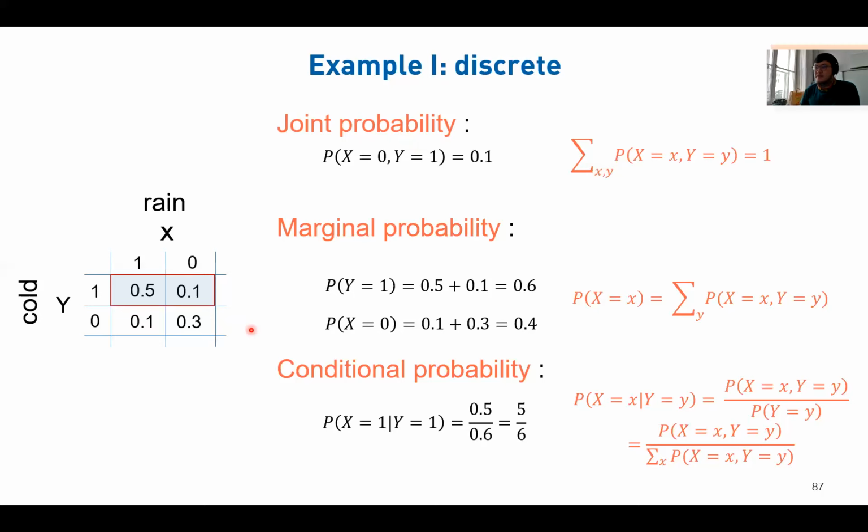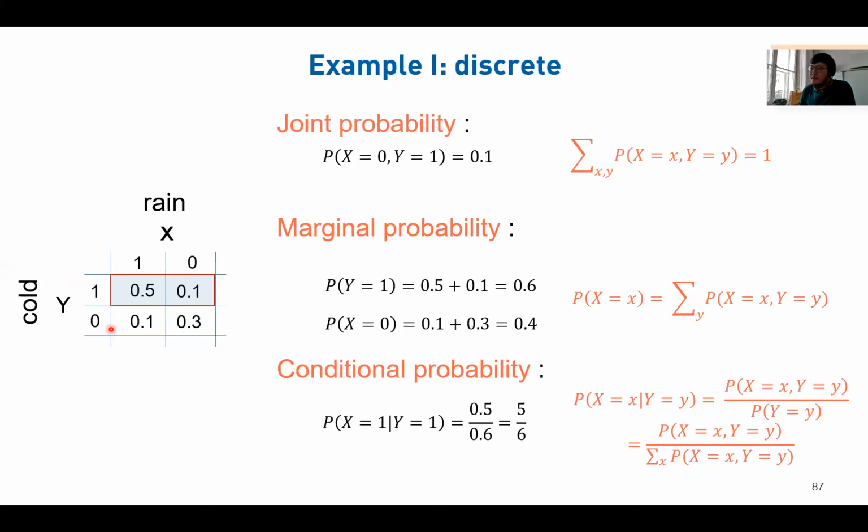The marginal probability by definition means the probability of one event irrespective of another one. So if I'm calculating the marginal probability of y being 1, irrespective of x being 1 or 0, I don't care. The marginal probability of y being code here is 1. Similarly, I can calculate the marginal probability here irrespective of the value of y.